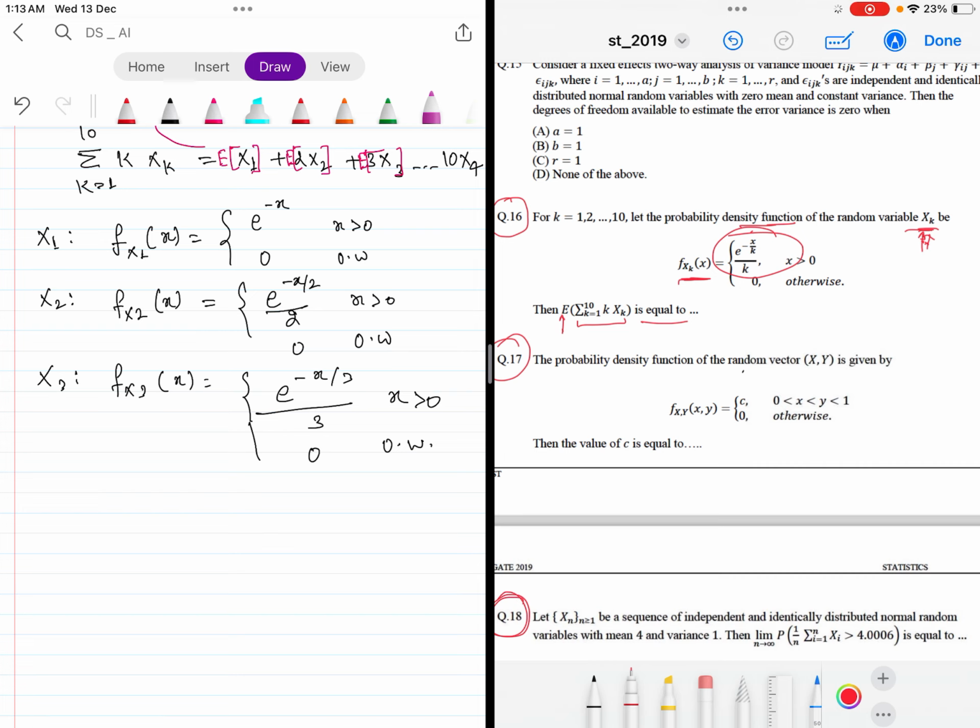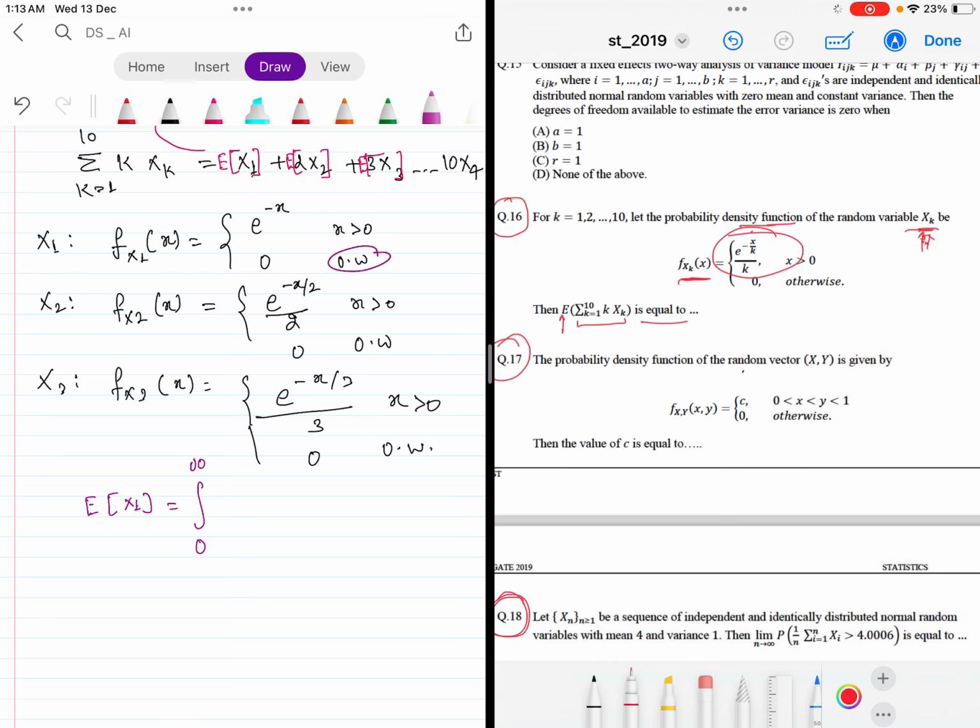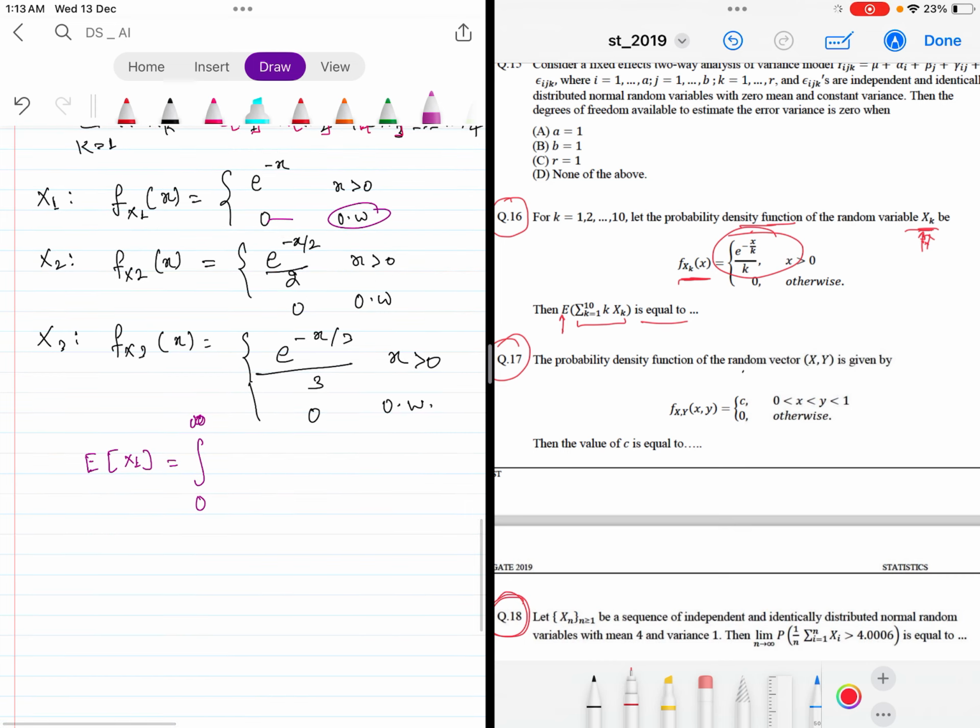If you know the formula, it will be from 0 to infinity, because for less than 0 it is 0. So from 0 to infinity, x into the probability density function, which is e to the power minus x.